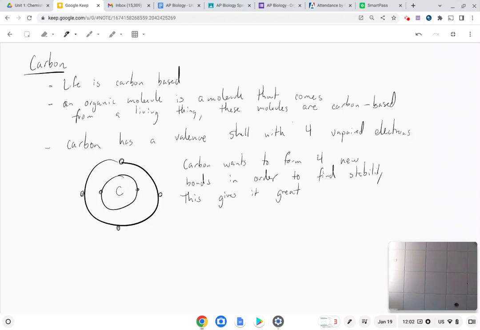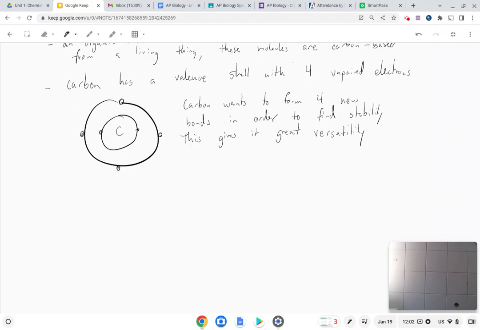You can get a lot of different shapes and bonds with carbon. Carbon can form chains. It can form rings. It can form single bonds, double bonds, triple bonds. It just has a lot of versatility, and you'll see some of that in a minute here.